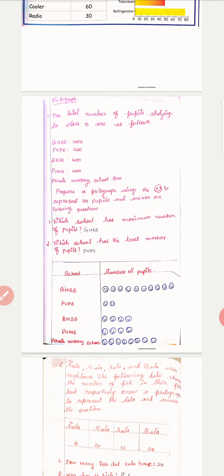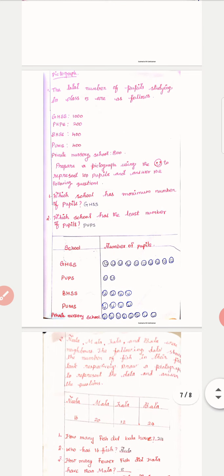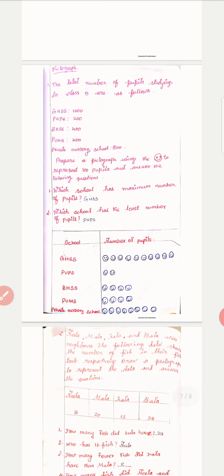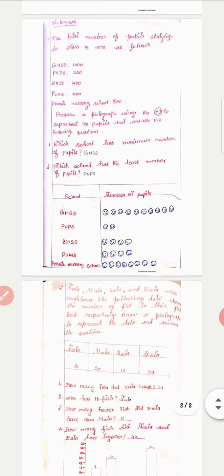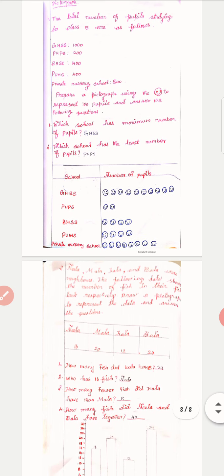Prepare a pictograph using smiley pictures to represent 100 pupils and answer the following questions. With the given data, we have to draw a pictograph. What picture do we use? Smiley pictures. One smiley represents 100 students.